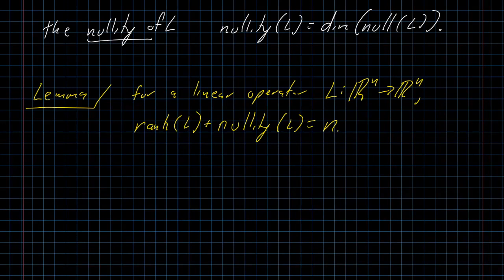The nullity of L is the dimension of the null space of L. And then I have a lemma here, which says that the rank of L plus the nullity of L is equal to N. I can play around a little bit with the proof of this, but I want you to just consider a matrix in reduced row echelon form.